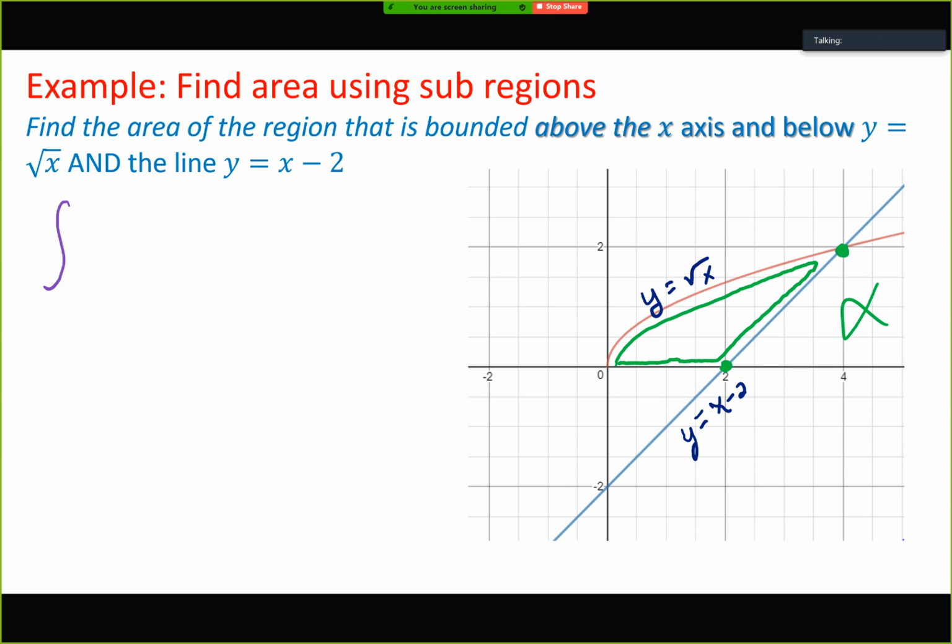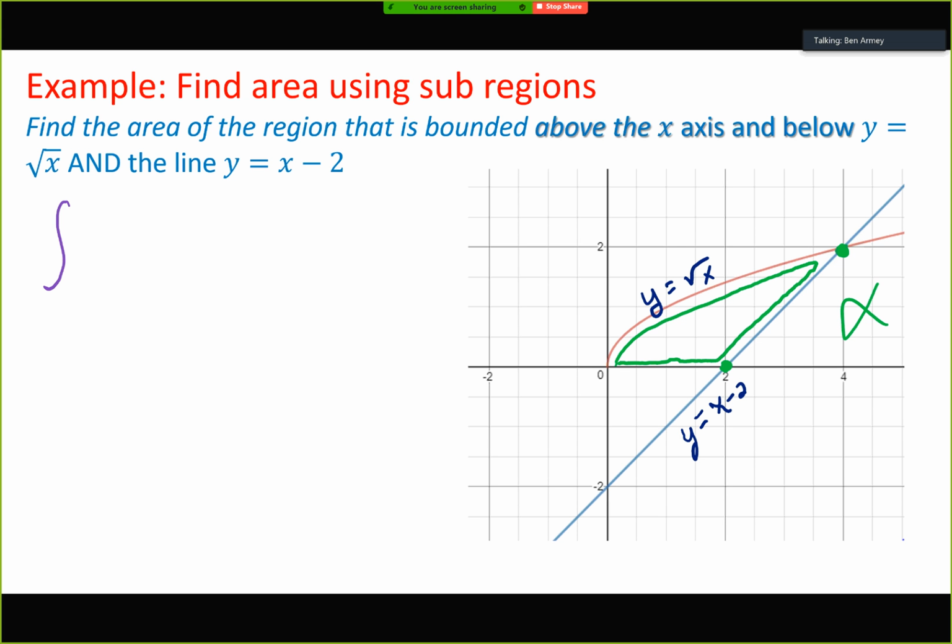Okay? I mean, you could do it kind of a longer way. That second area is kind of how we've done it in the past, or in the past as in the last 10 minutes, but you're not going to set it up as square root of x minus this line with bounds from 0 to 4, because it's going to take into account this, and we don't want this.